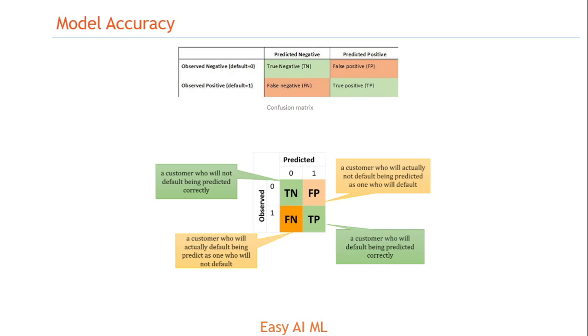However, whenever the event rate is very low, this particular way of testing accuracy may not be the right way.